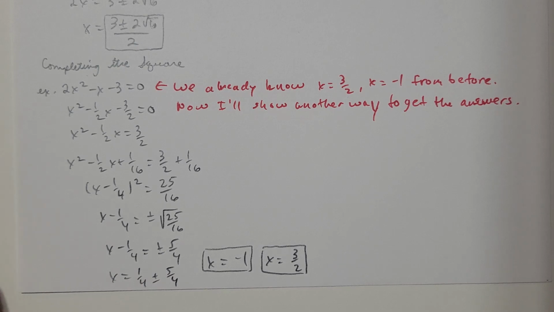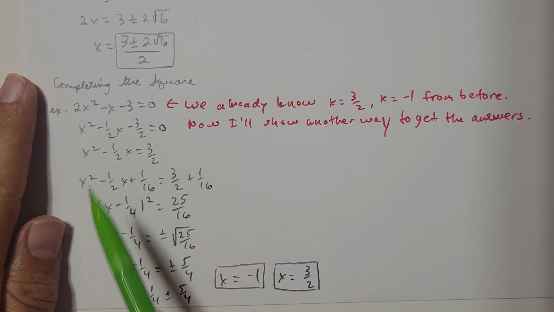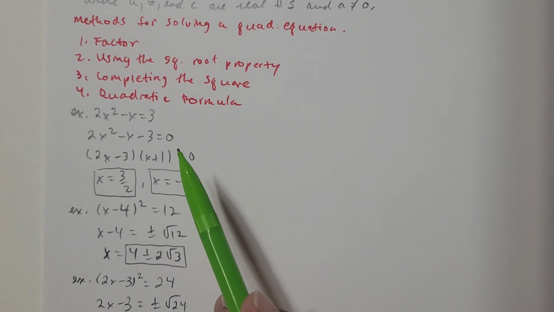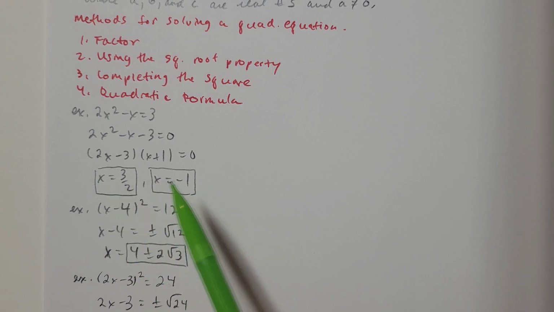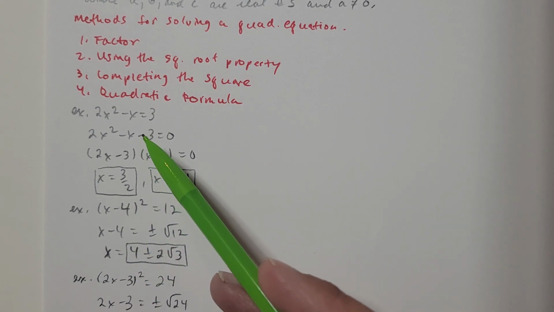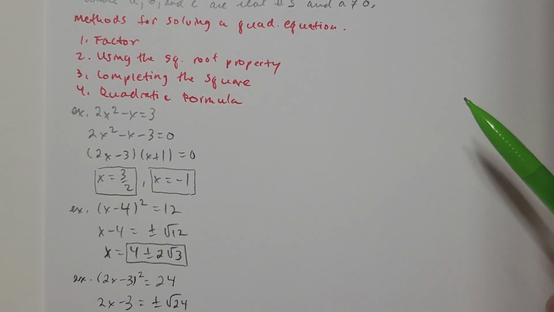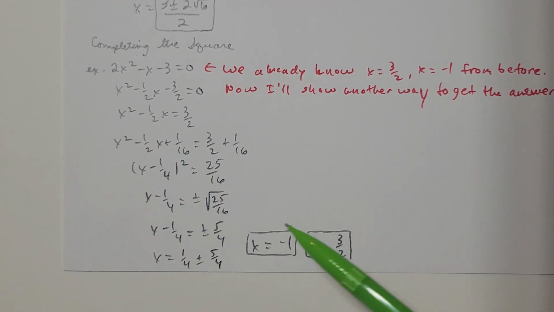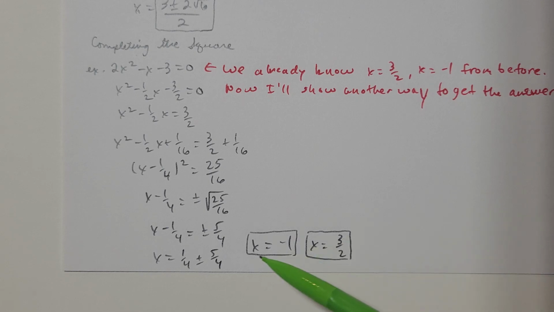So maybe the next thing you're wondering is, why in the world would I do the problem like this, where it factors, I get the same result, right? So I factored this and it took one line of work. Why would I take 8 lines of work here to get the same result?